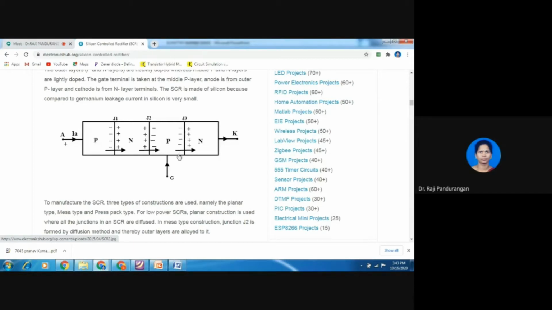When the gate current is increased to very high, more than 0, at that time the reverse bias voltage applied to J2 will be decreased. At that time there will be conduction between all the layers.